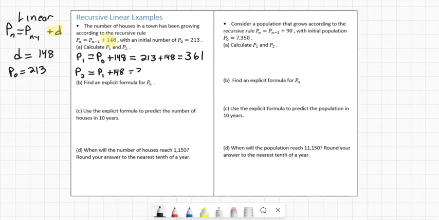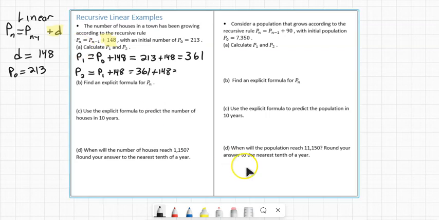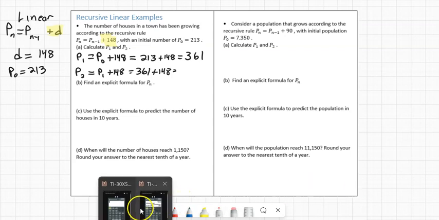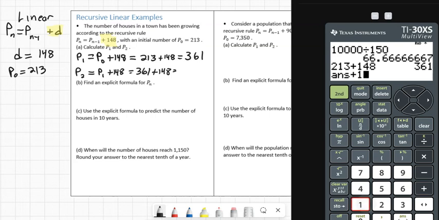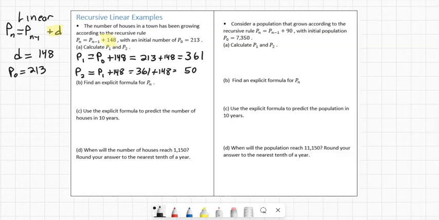P sub 1 is 361 plus 148. That would be 509, but let's not take any chances. 361, it's already in there, so plus 148, 509. So that is answering the first two questions, and what we have done is use the recursive rule that was provided to work out these P sub 1 and P sub 2 populations.